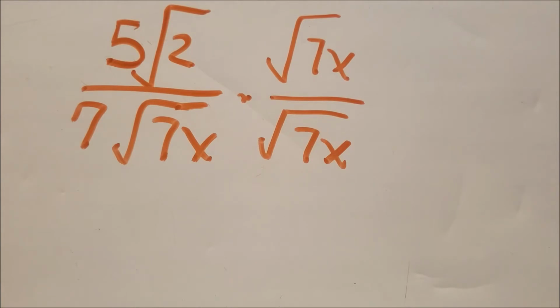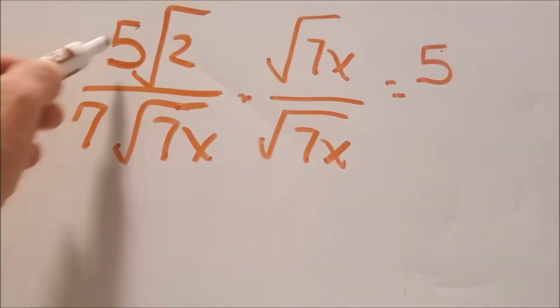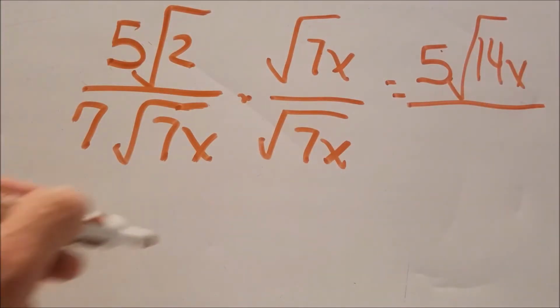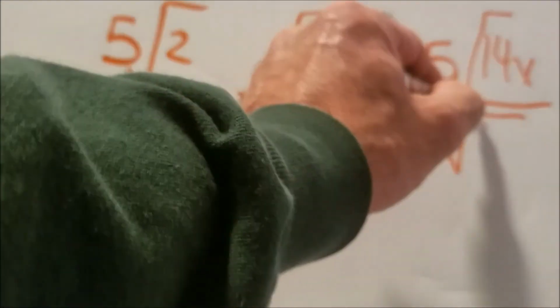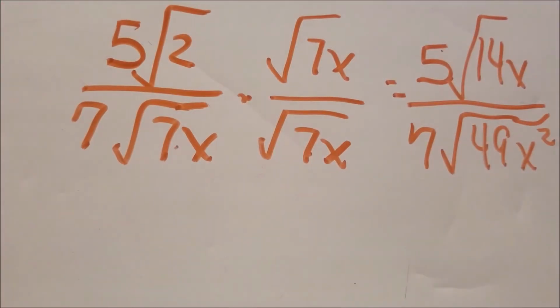Okay? So this will give us 5. We have that 5 on the outside. And it'll be the square root of 14x. Right? And over here we're going to have 7. And the square root of 7 times 7 is 49x squared. And we can break that down. We'll bring it down over here.